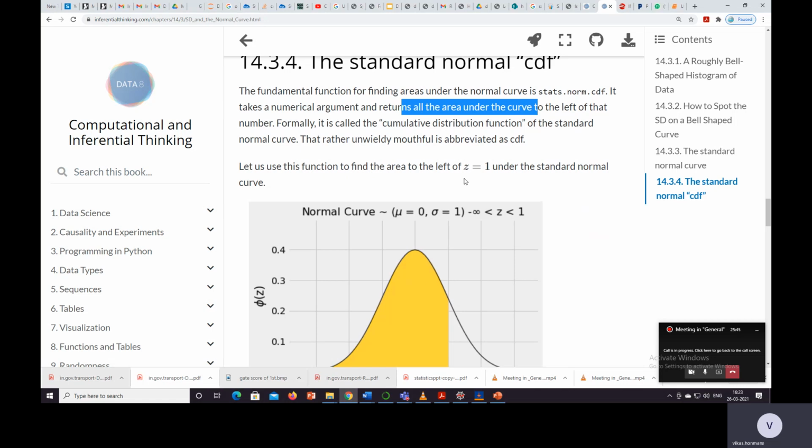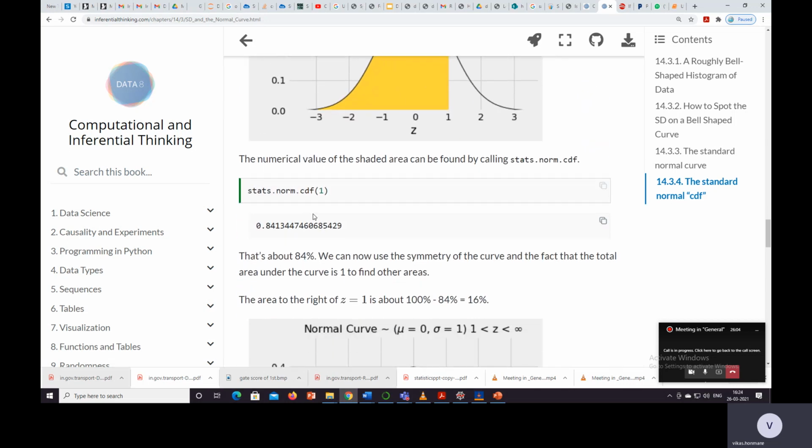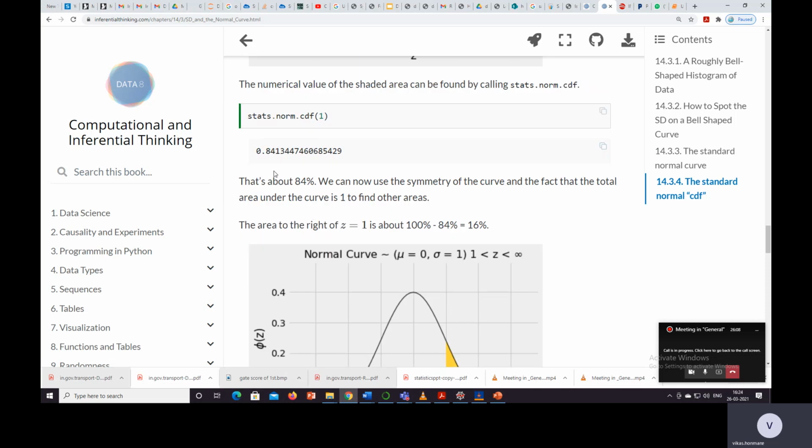So whenever we write 1, we get the area on the left hand side. But if the question asks for the area on the right hand side, then you just take 1 minus that area, 1 minus 0.84, and you will get the area on the right hand side. So for the previous question, the area to the left is about 84%.